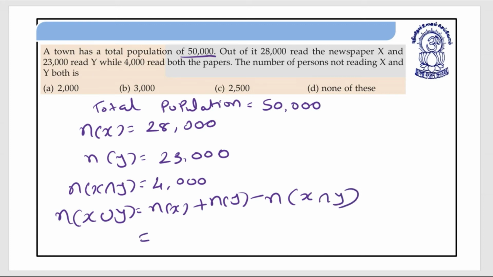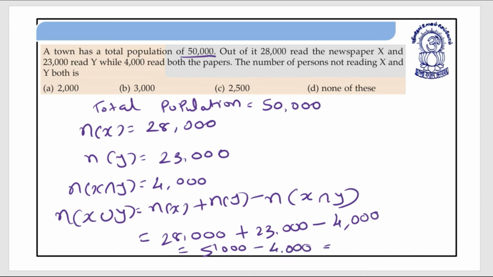So n of x is 28,000, n of y is 23,000 minus n of x intersect y 4,000. 28 plus 23, 51,000 minus 4,000 is equal to 47,000.